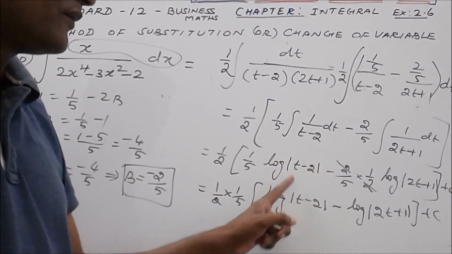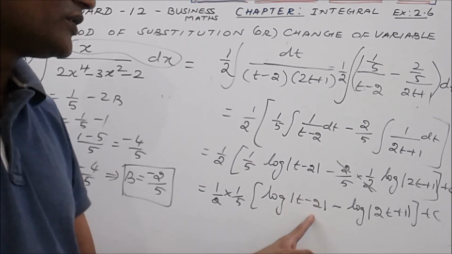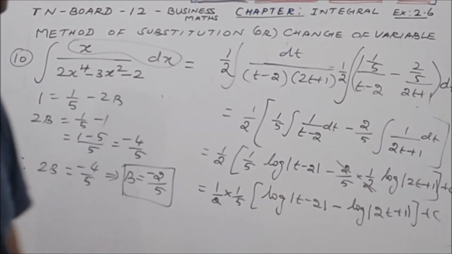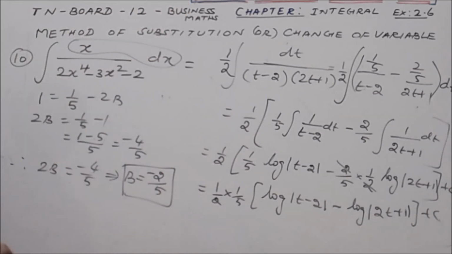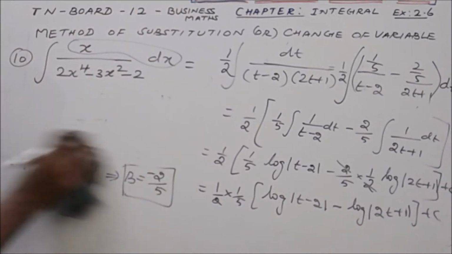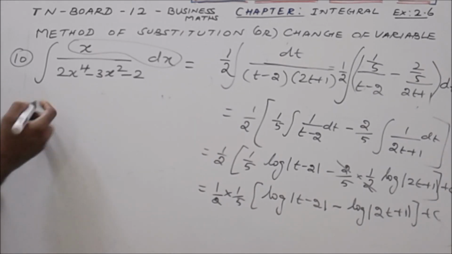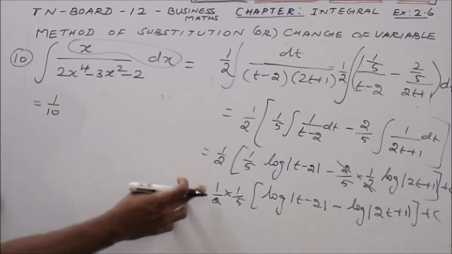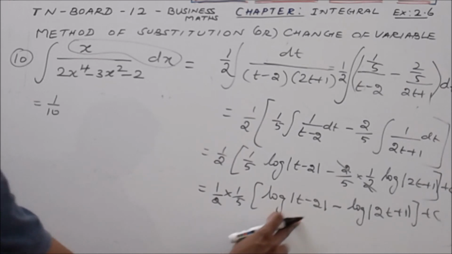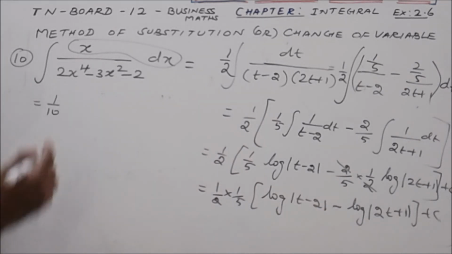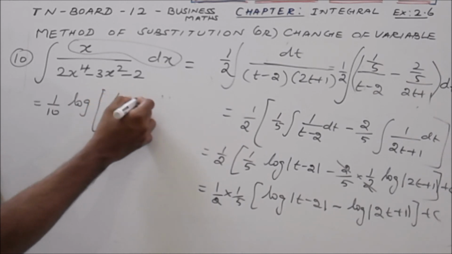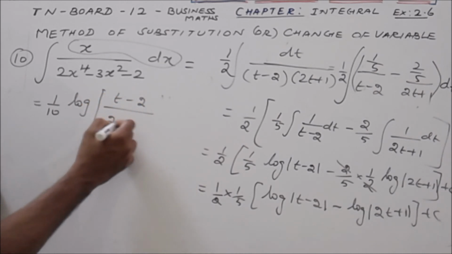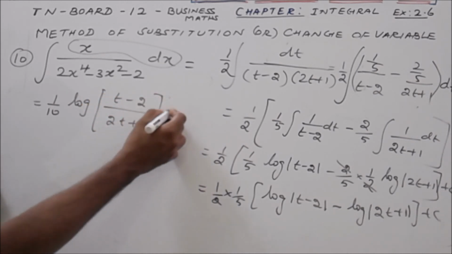The remaining are log of modulus of t minus 2, then minus log of modulus of 2t plus 1, plus c. Now multiplying this, we get the answer, that is equal to 1 by 10. 1 by 2 into 1 by 5 is 1 by 10. Log a minus log b is log a by b. So log of t minus 2 divided by 2t plus 1 plus c.